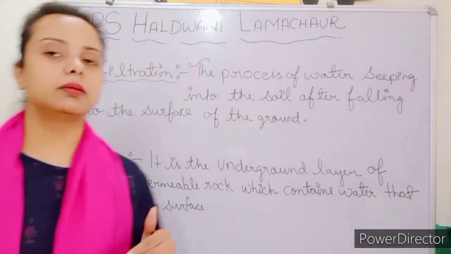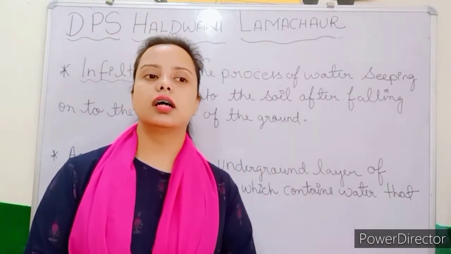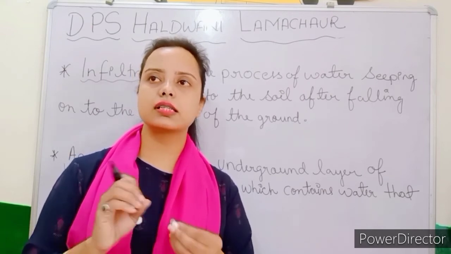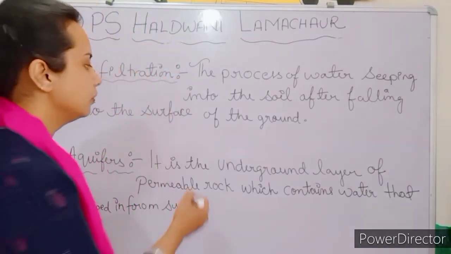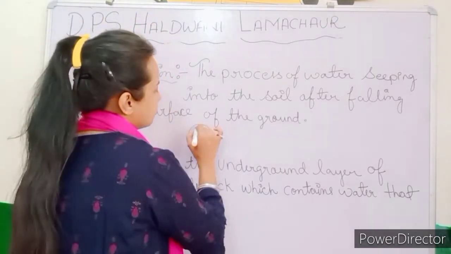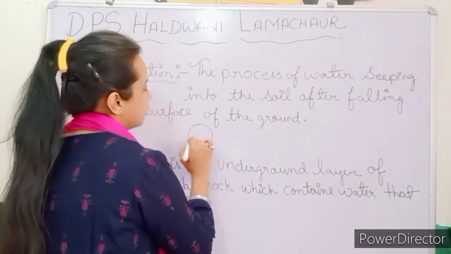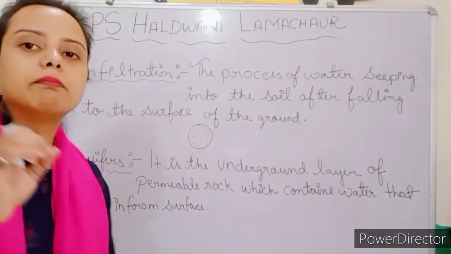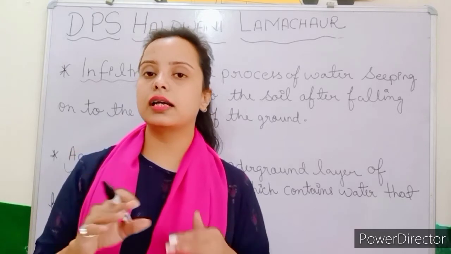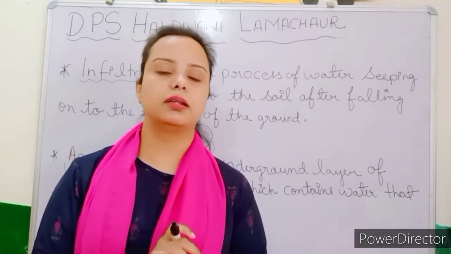Permeable rock means through which water can pass, जिसके अंदर पानी चला जाता है. How? Because उन रॉक्स में small pores होते हैं, जिसकी वजह से पानी चला जाता है. That is known as permeable.